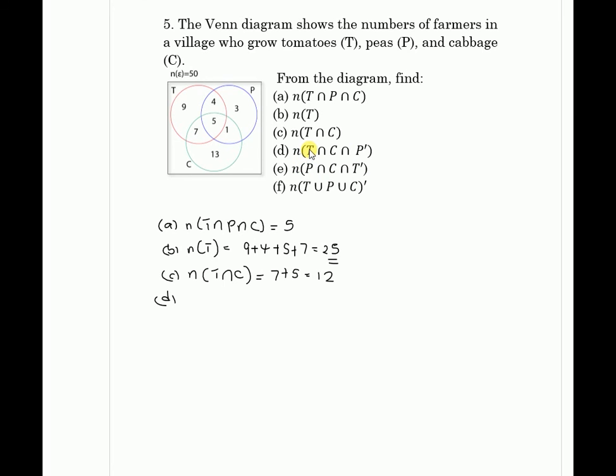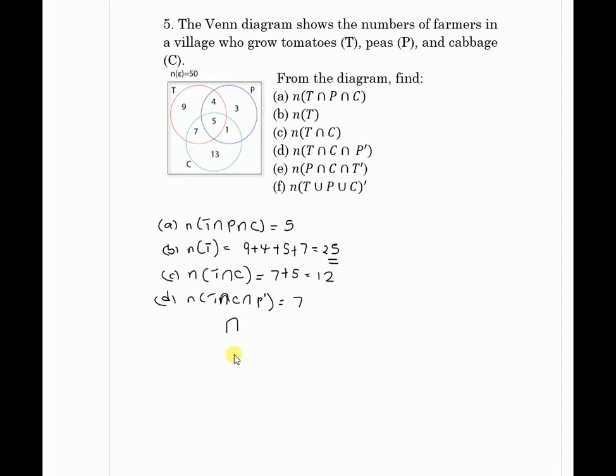So we are looking for elements inside T, and also inside C, but outside P. Inside this, but outside that, it is that 7. So part D, the number of elements in T intersection C intersection P complement is equal to 7.